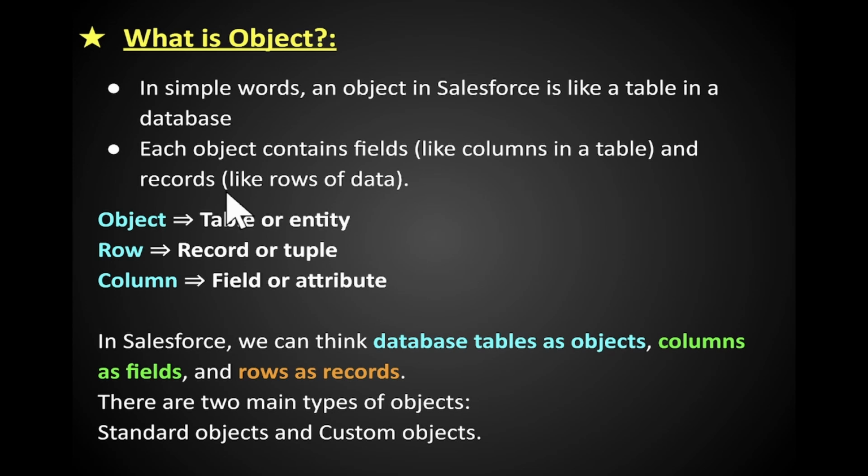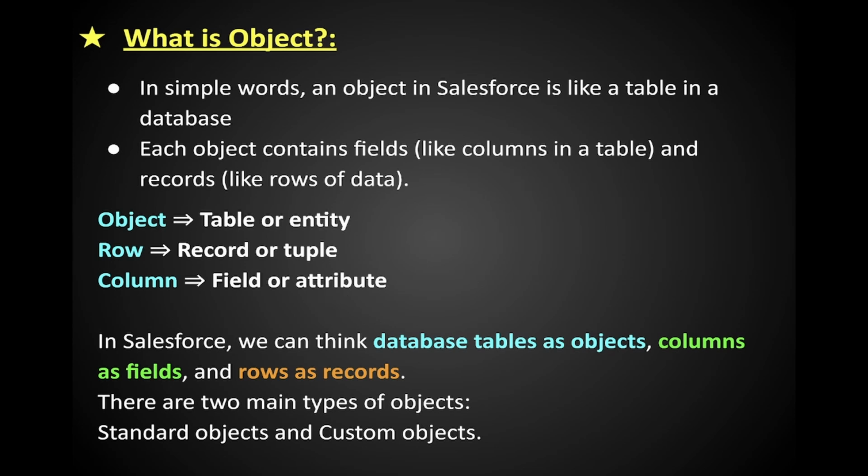Here you can see object, we can call it table or entity; row, record or tuple; column, field or attribute. These terms, like entity, tuple and attributes, you might have read in different databases like SQL, Oracle, and some other databases as well.